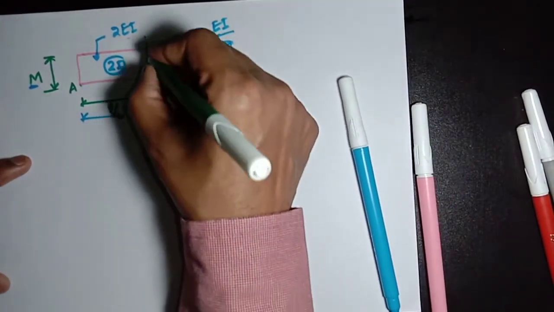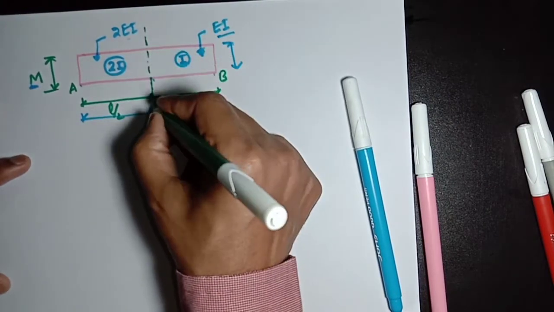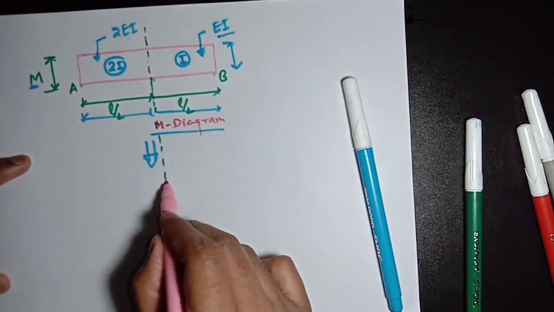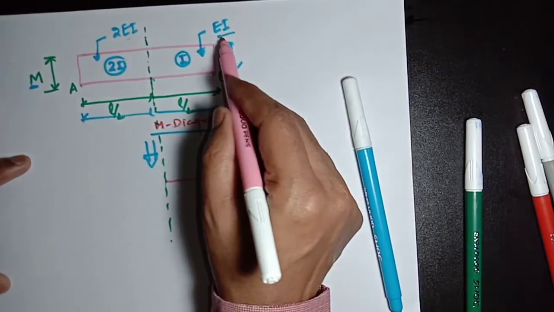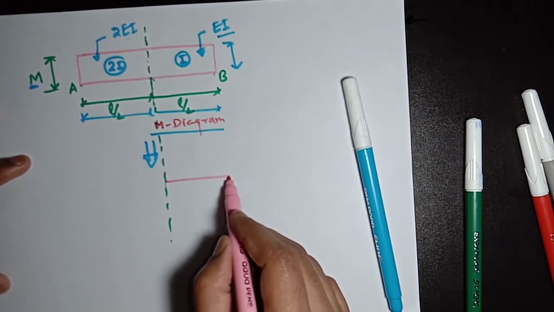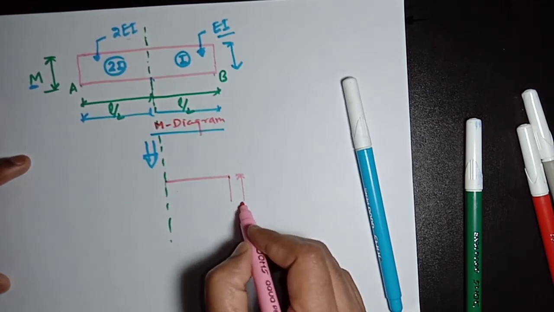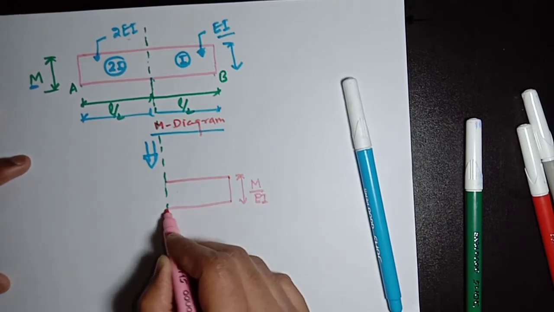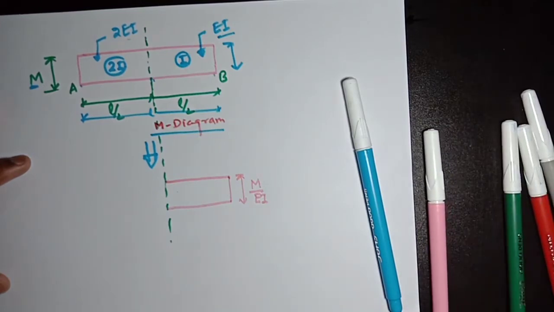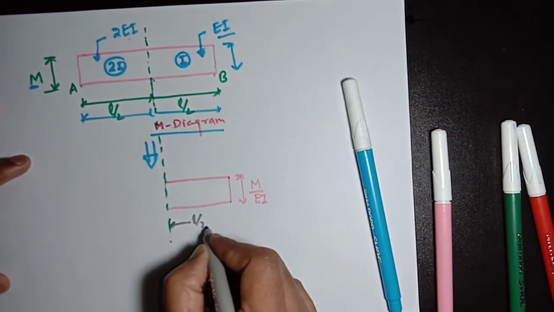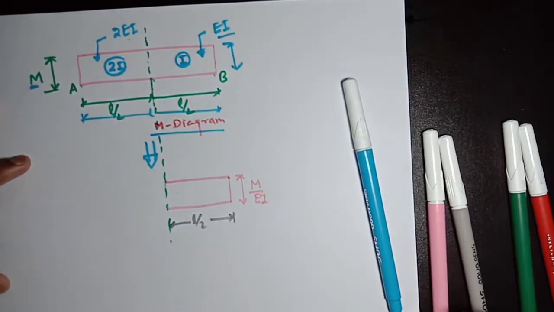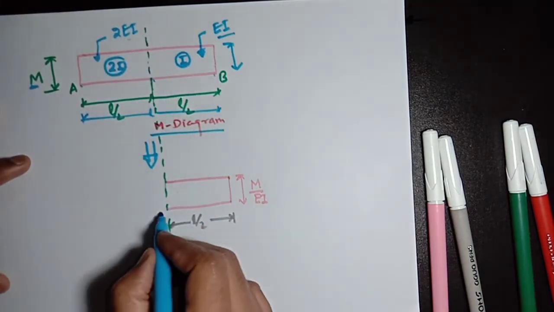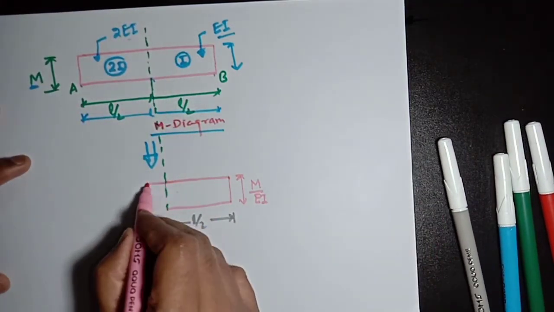Here the M value is divided by EI, so we just extend this line up to this value, because we are dividing this M value by EI, so it will have a value of M over EI, up to this length L by 2. After that we are going to divide by twice EI, so its value will be smaller.